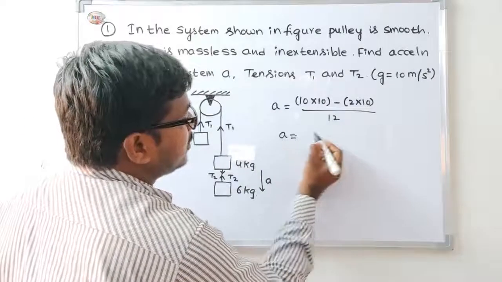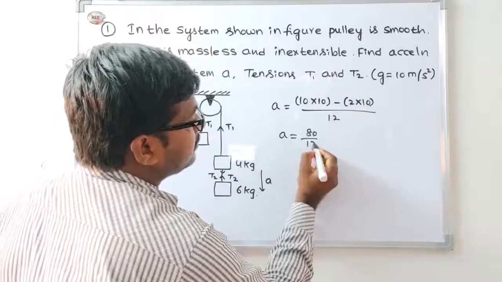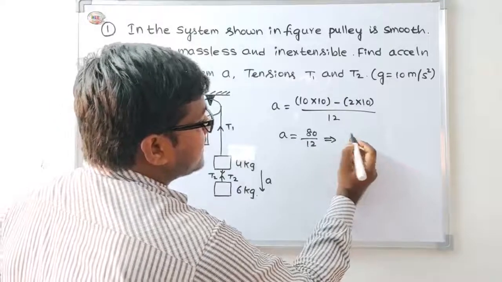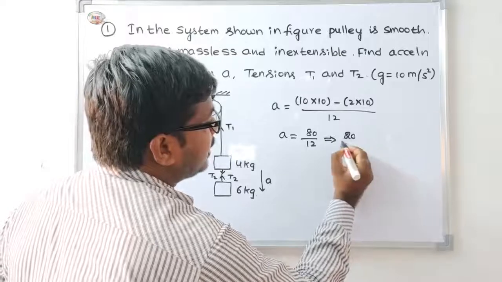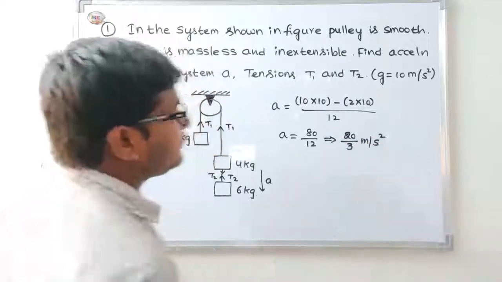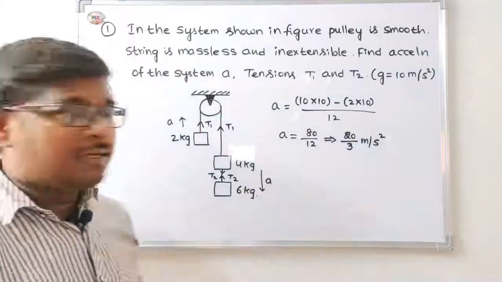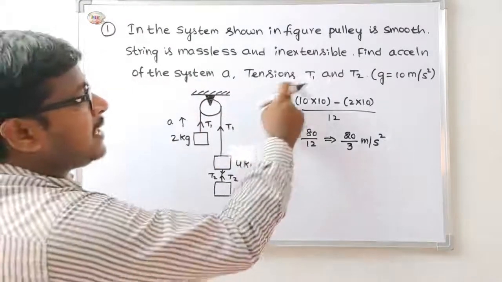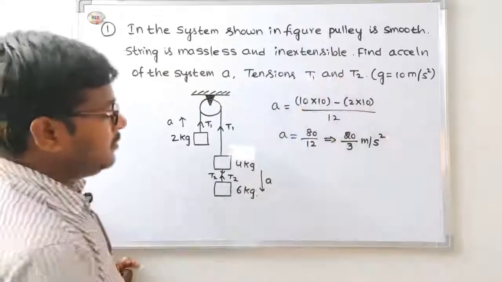Then A is equal to 20 by 3 meters per second squared. The acceleration is 20 by 3 meters per second squared. Next, find the tensions T1 and T2.